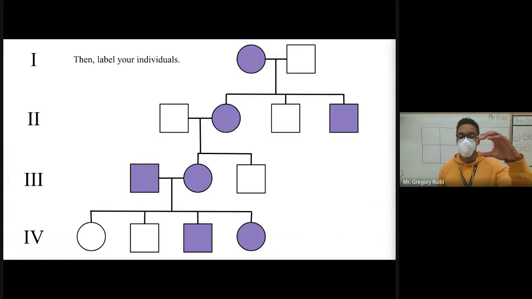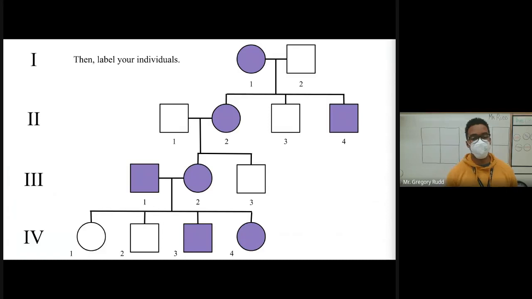So that very first shaded circle at the top is number 1, and then the square to the right of it is number 2. Then I restart for generation II, and that first square that's unshaded in generation II is again number 1. And then I go 2, 3, 4. Then I go to generation III and I restart again. The shaded square in generation III is number 1 again, and then finish it off 1, 2, 3, 4 at the bottom.